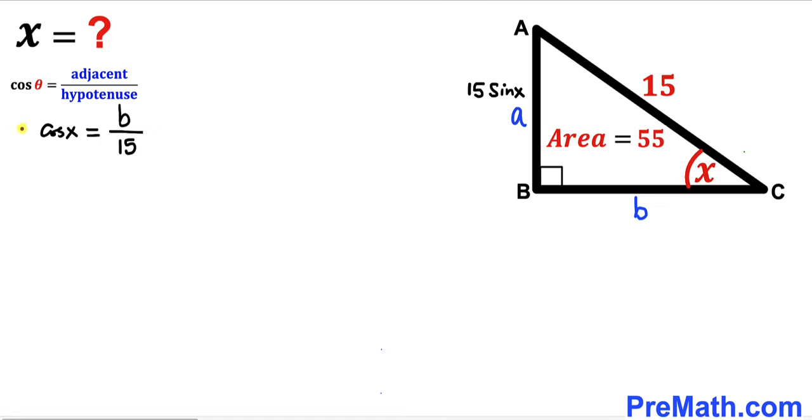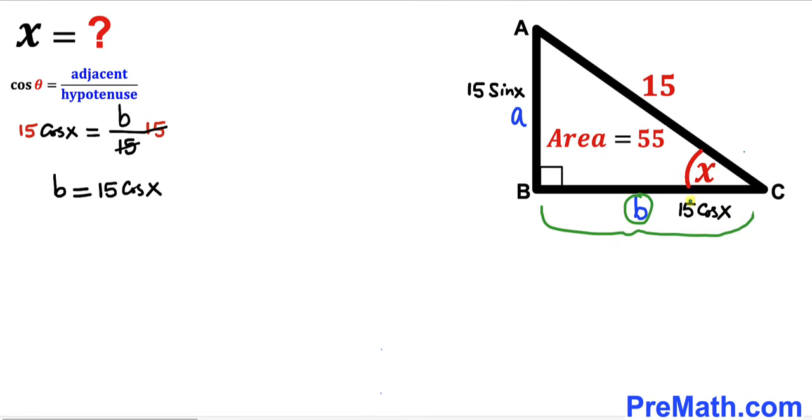Now I'm going to multiply both sides by 15 to remove this fraction. Here we can see 15 and 15 are gone. So lowercase b turns out to be 15 times cosine of x. Thus, this side length b is equal to 15 times cosine of x.